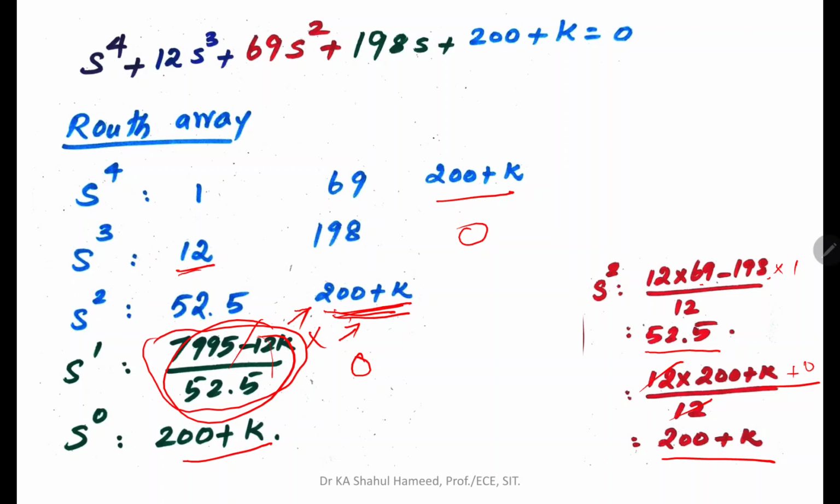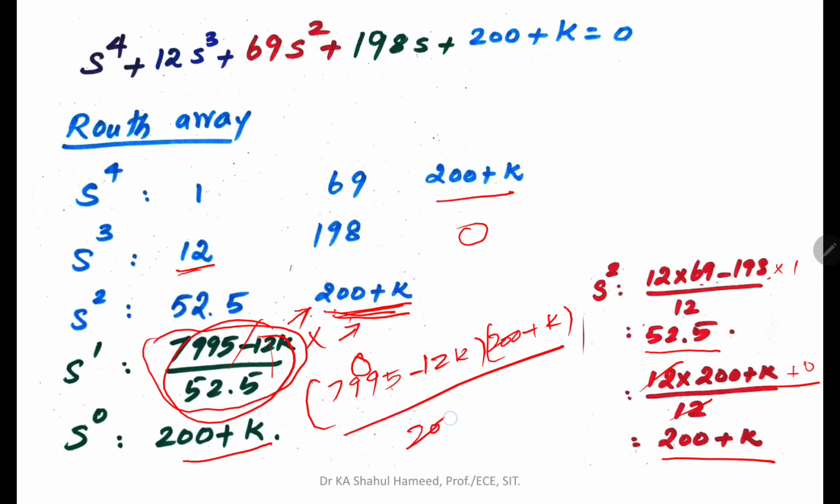We get 200 plus K. So the last row is 200 plus K, and the row above is (7995 minus 12K) divided by 52.5.